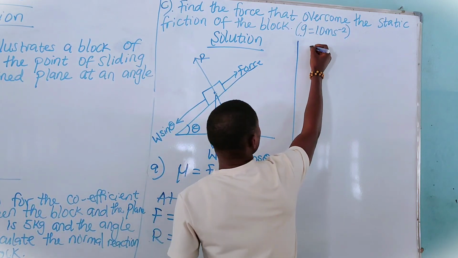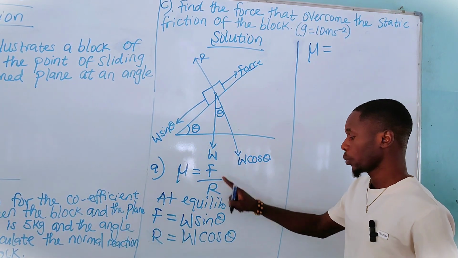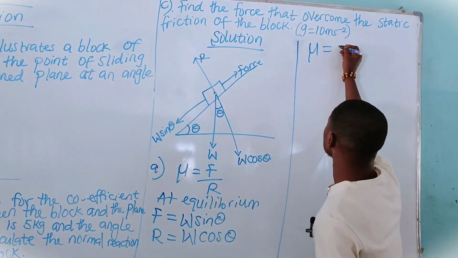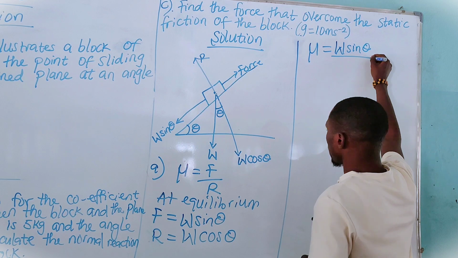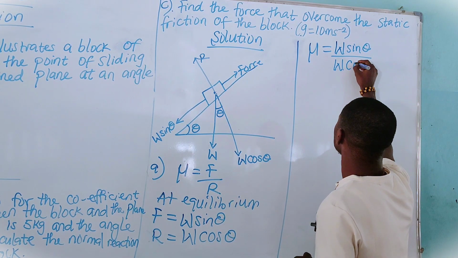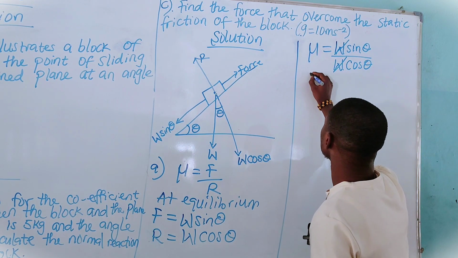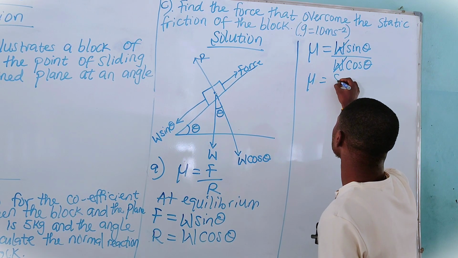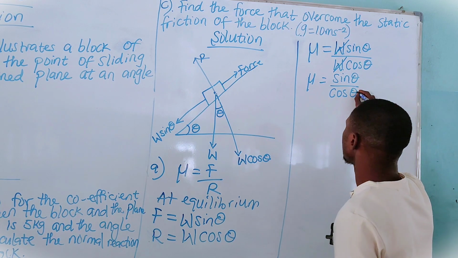So our coefficient of friction, mu, can now be our frictional force, which is equal to W sine theta, over the normal reaction, which is W cos theta. So W goes with W, so we have mu equal to sine theta over cos theta.